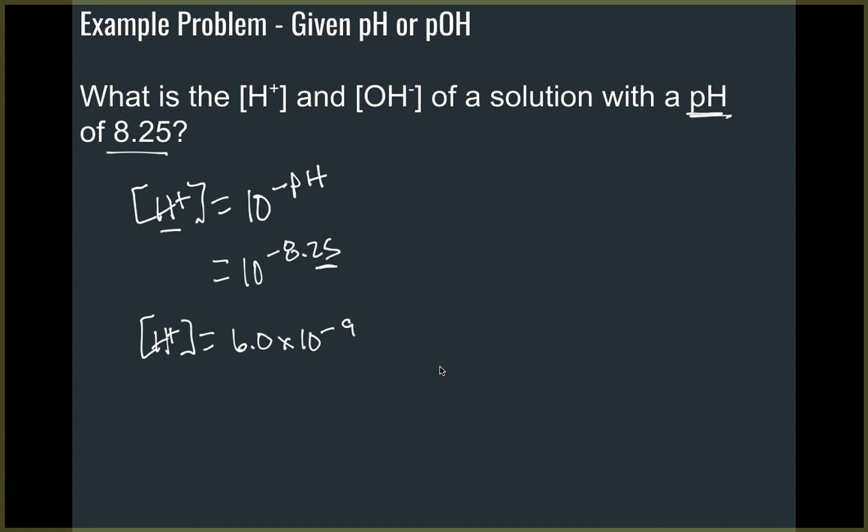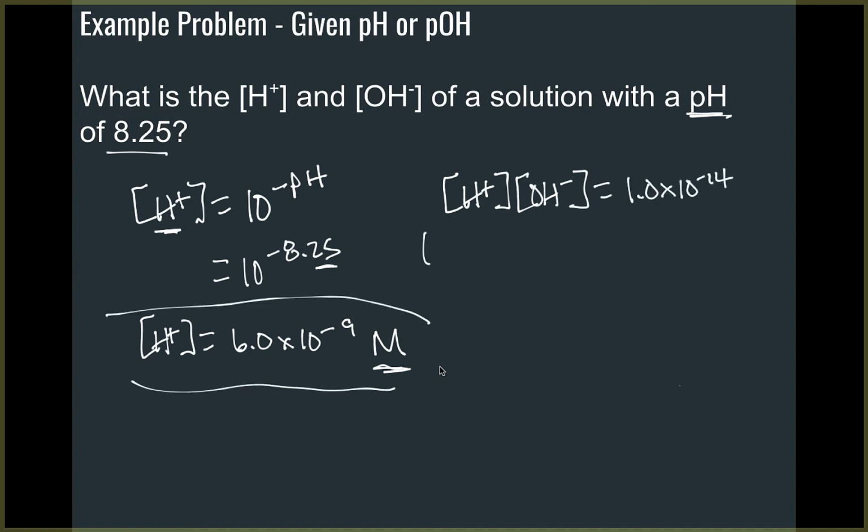Now, when you're reporting concentrations, you have to remember to put a unit on those. So this would have the unit molarity. Okay, now I also need the OH minus, so I'm going to go back to my formulas. I know that H plus times OH minus equals 1.0 times 10 to the negative 14th. So I have 6.0 times 10 to the negative 9th times OH minus equals 1 times 10 to the negative 14th.